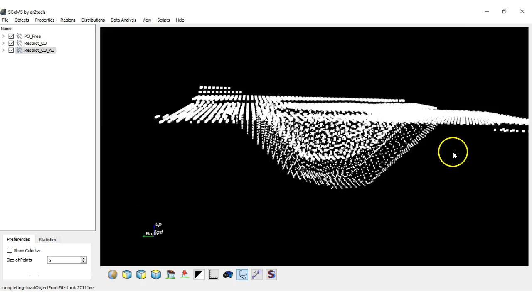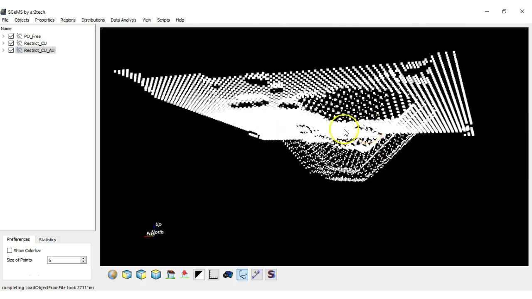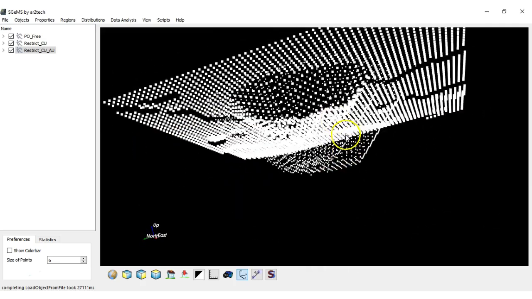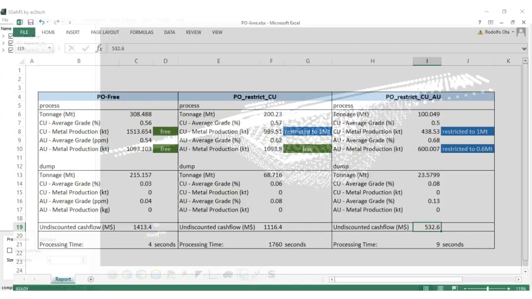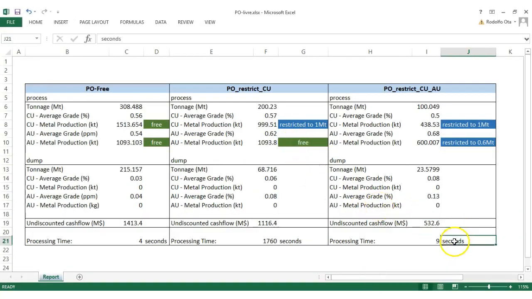It will deliver a different solution in order to maximize the value as you put in another restriction. So this is the main feature of the new restriction, and our team is already working to implement that in SimSched DBS, which is our direct block scheduler.